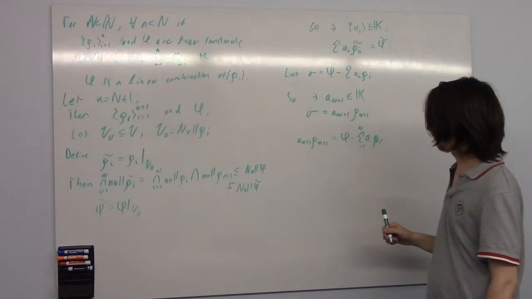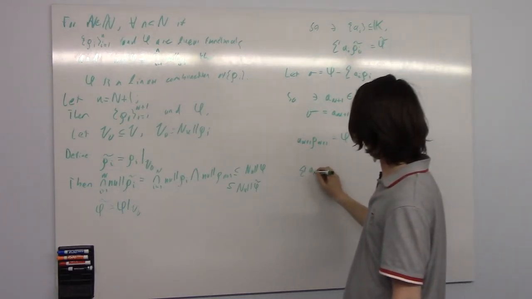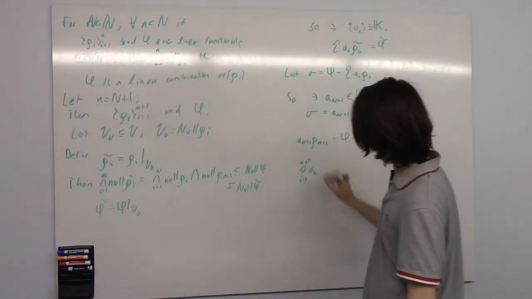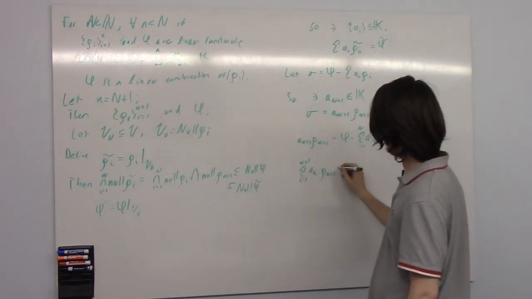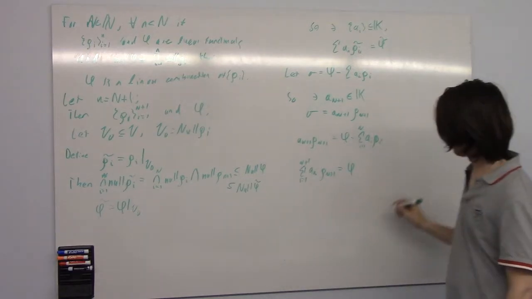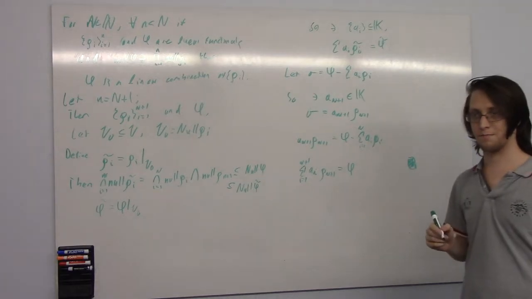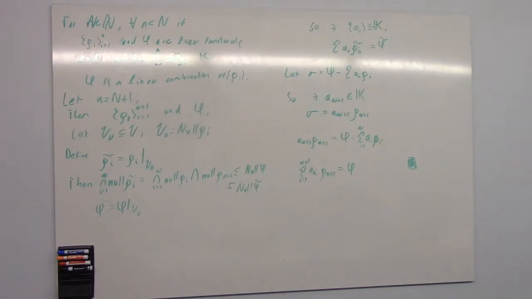Okay, I can add. So the sum, i equal 1 to n+1, get all of them, a_i rho_i equals phi. And we are done. Okay, and this is going to be our main proposition.